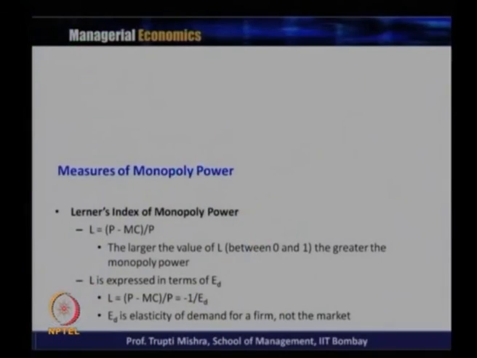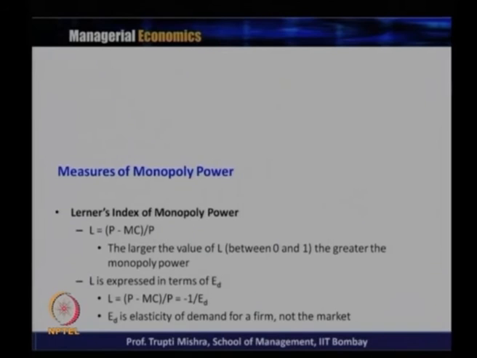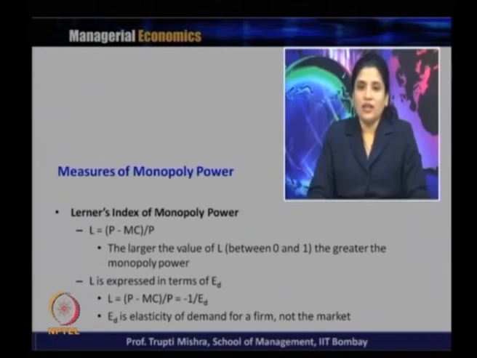There are different methods to measure market power or monopoly power. The first one is the Lerner index of monopoly power. What is the Lerner index? Here the value of the index we find through the price and the marginal cost of the firm.